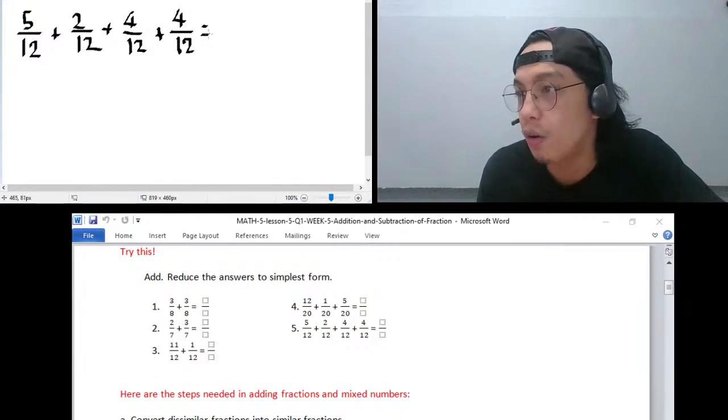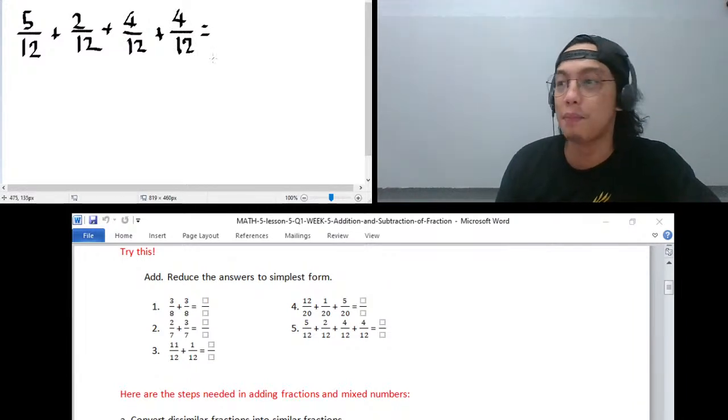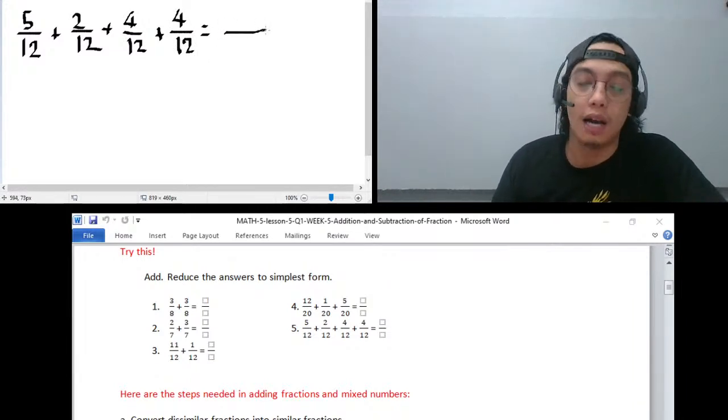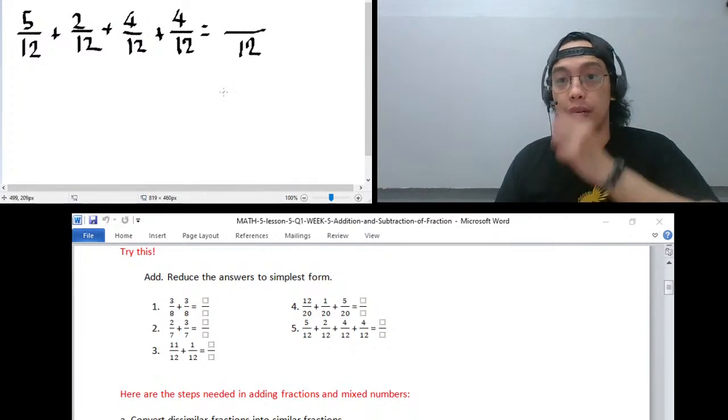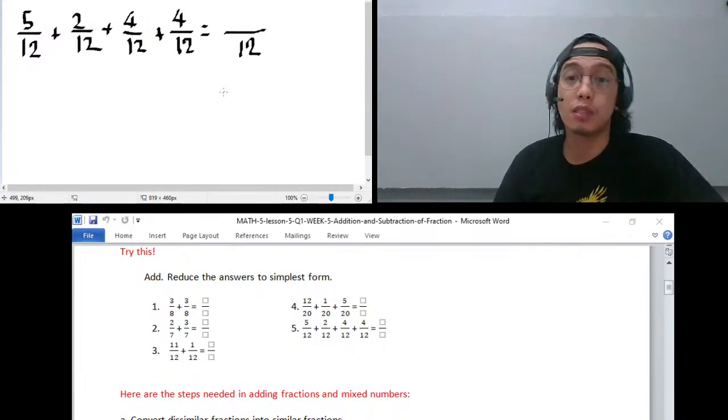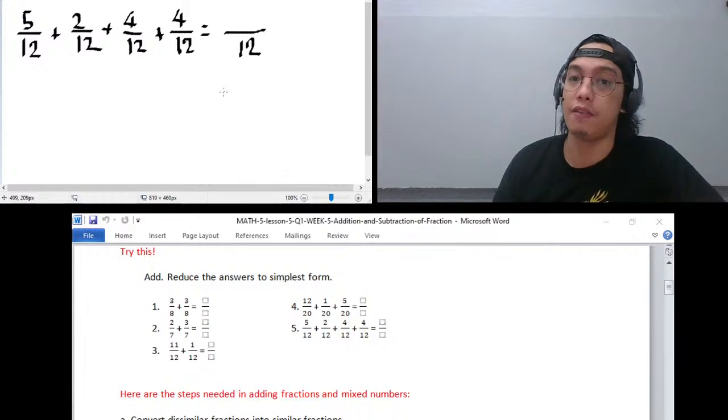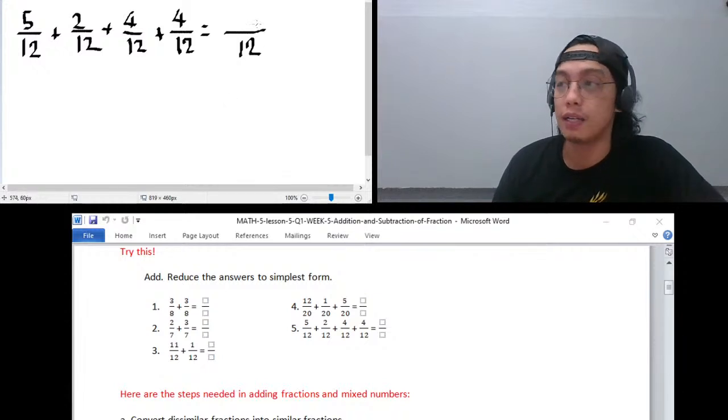Okay. Similar fraction gyapon siya kay puro 12 tanan. Easy. Ato lang i-kopya ang 12. Now, itong buhaton, atong i-add ang mga numerator na nasa taas. 5 plus 2 is 7. 7 plus 4, 11. 11 plus 4 is 15.